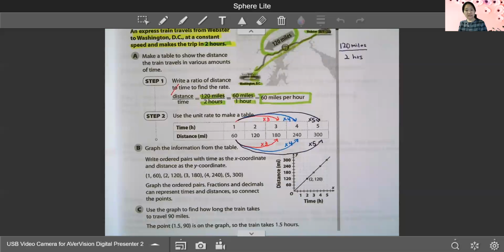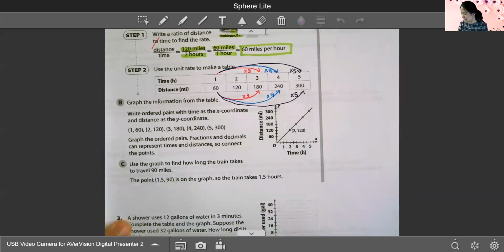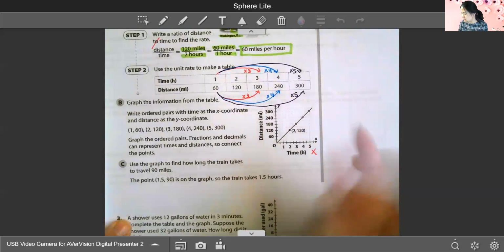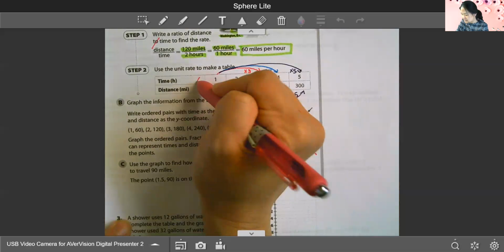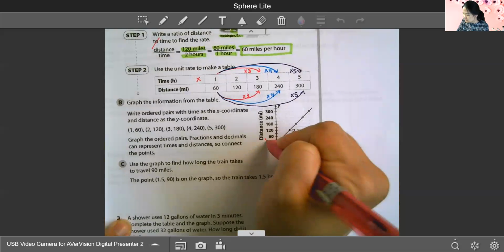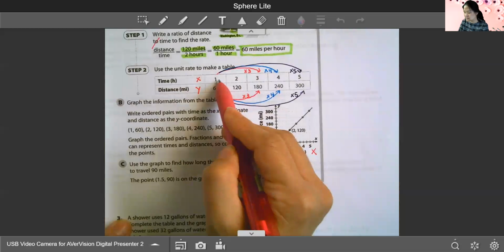Okay, then it says graph the information from the table. Remember, when you're graphing the information, you need to know which one is your x-axis, which it obviously shows as the time. Time is your x-axis, and then your distance is the y-axis. So this is the x, this is the y.